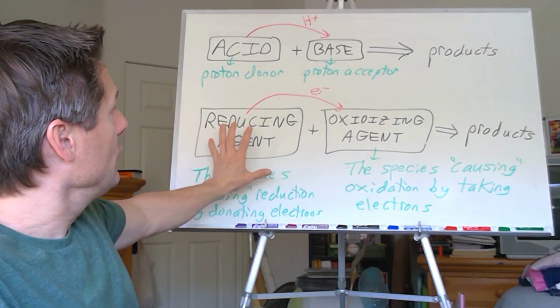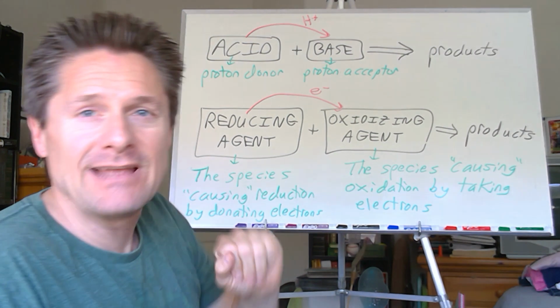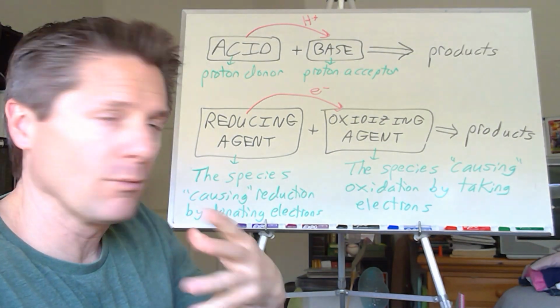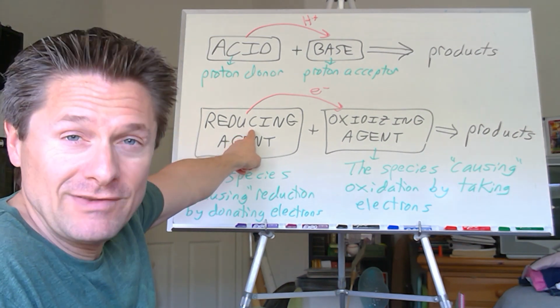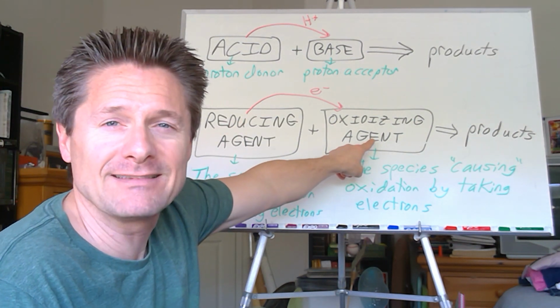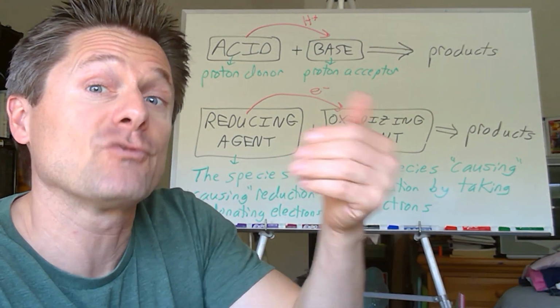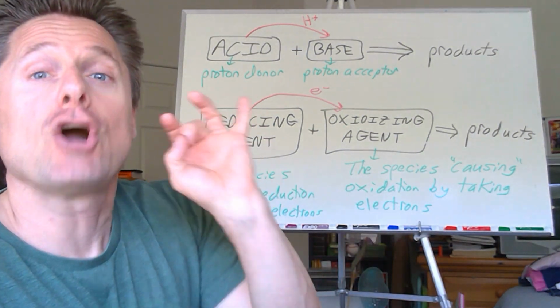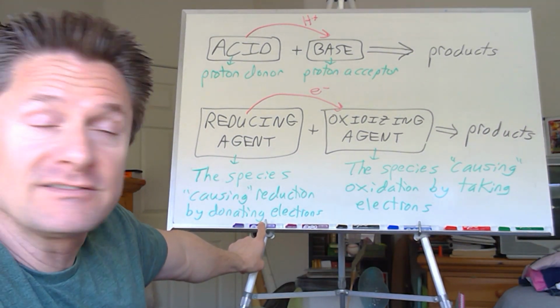The reducing agent takes the place of the acid, and the oxidizing agent takes the place of the base. So a reducing agent is giving one or more electrons. The oxidizing agent has an element that accepts that electron and gets reduced. So the reducing agent causes something else to be reduced by donating one or more electrons.